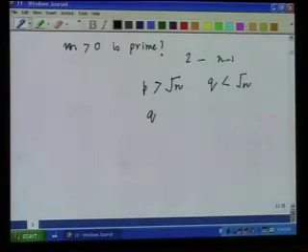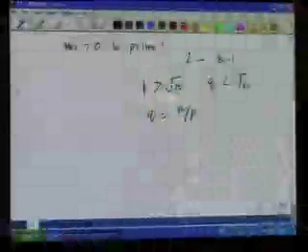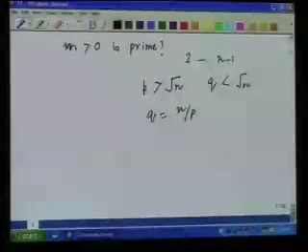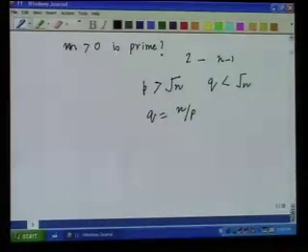If you take q to be n by p, since p is a factor of n, q must be an integer, that is, p evenly divides n. And since p is greater than the square root of n and p times q is n, q must be less than the square root of n. What does that tell us? That tells us that we need to look for a divisor or a factor of n only from 2 up to the square root of n.